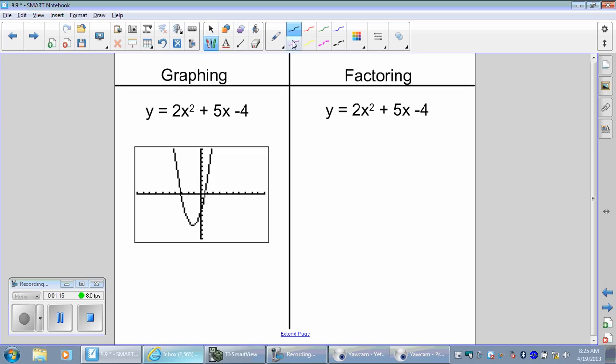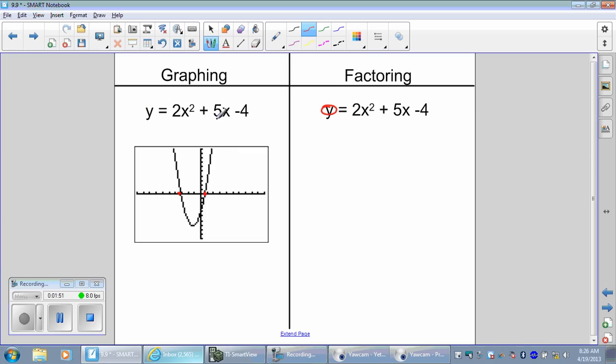Well, if you remind yourself, and I know we didn't spend much time on this because we spent a whole unit on graphing that I was tying our factoring to the graphing the other day in class, but if we had to solve this equation, 0 equals 2x squared plus 5x minus 4, if we were going to use graphing as a technique to solve it, we would change the 0 to y, and we would graph it, and we would look for the zeros. All right, those are actually the values of x that produce a y value of 0.